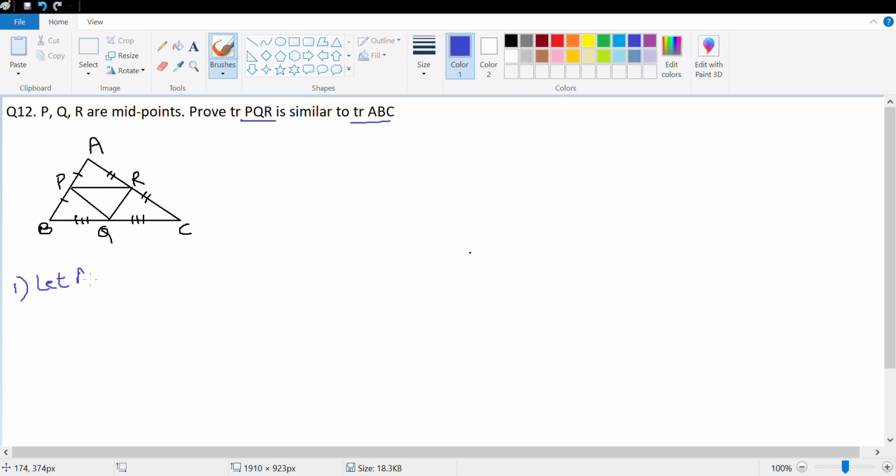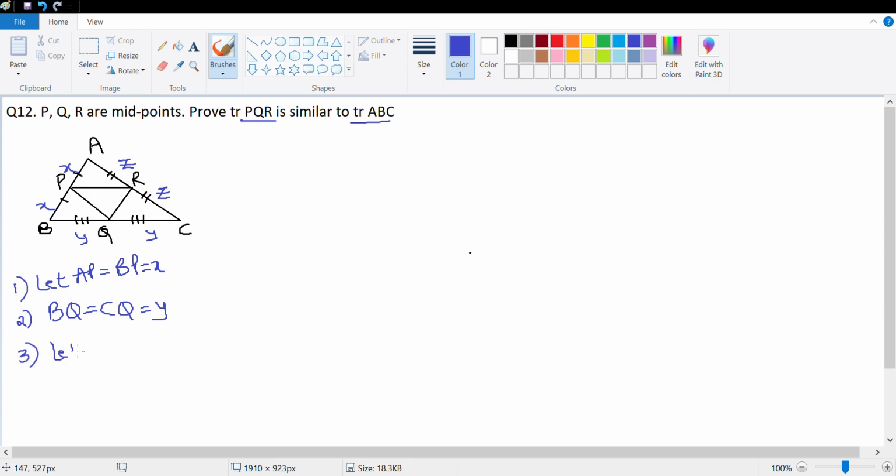Let AP is equal to BP is equal to X. Right? So this is X and this is X. Number 2, BQ is equal to CQ is equal to Y. This is Y, and then this is Z. Let's write our assumption.